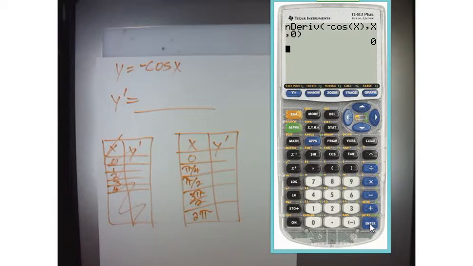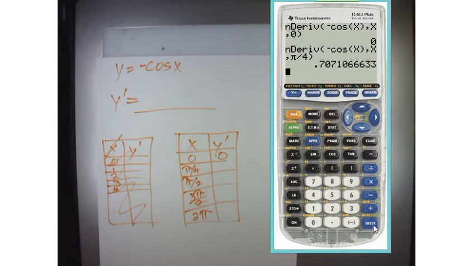Right now when x equals 0, this gives me the derivative, and I get 0. Now if you hit second entry, I'm just going to change 0 to pi over 4. You have to put that inside parentheses.